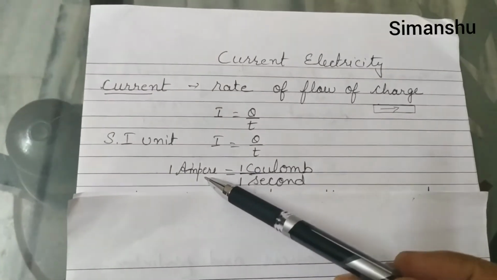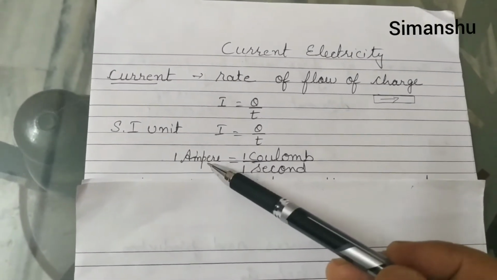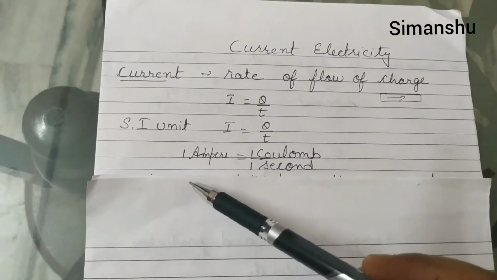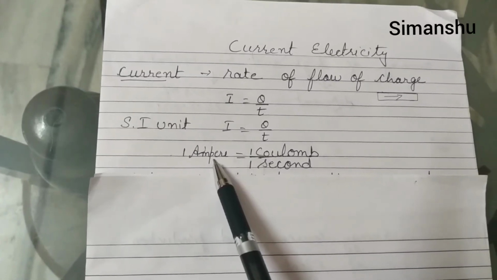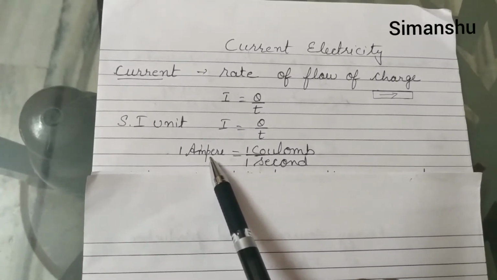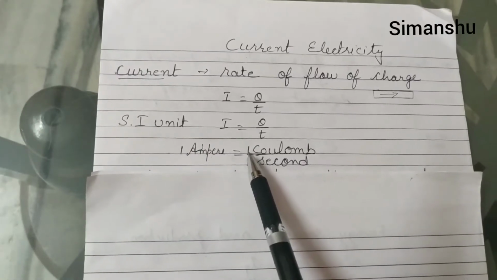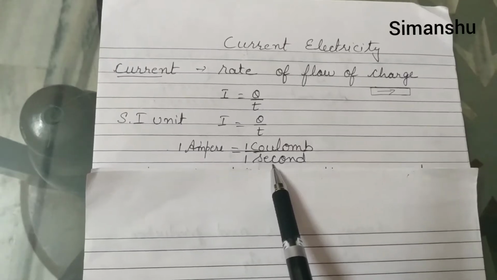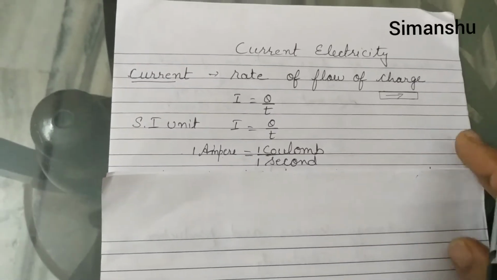Our next step is to define 1 ampere. As we defined the unit of work, in the same way, 1 ampere is the amount of current flowing through a conductor when 1 coulomb of charge flows through it in 1 second. Is it clear?